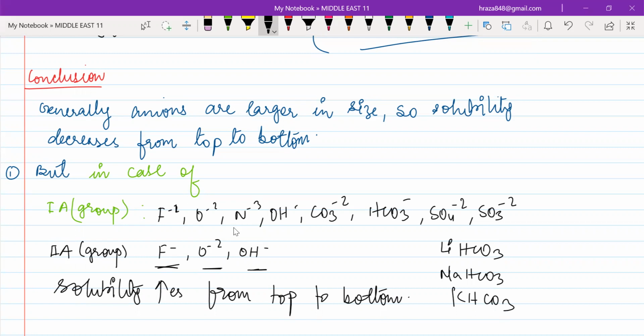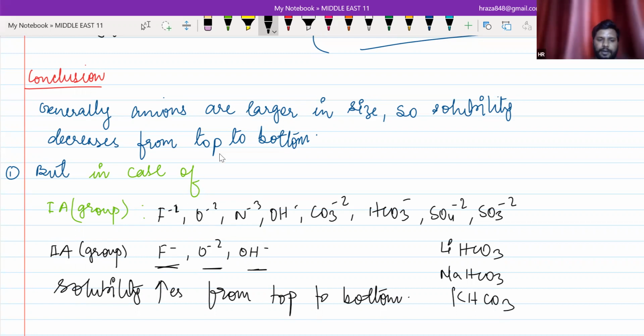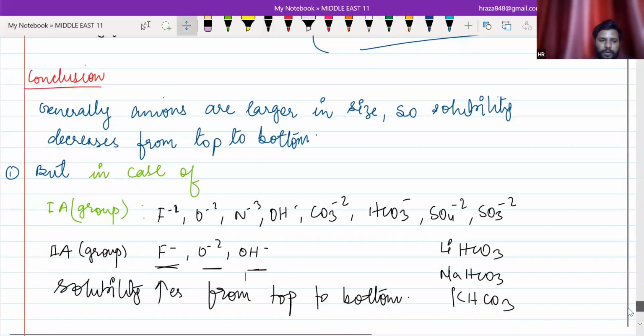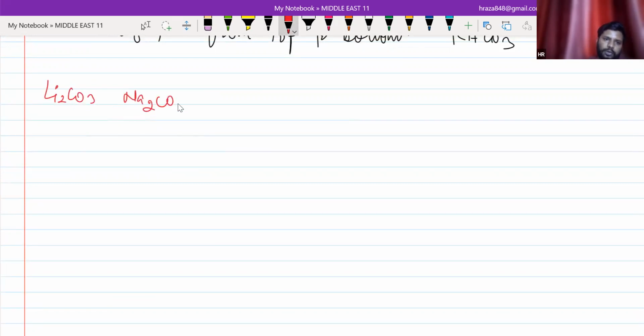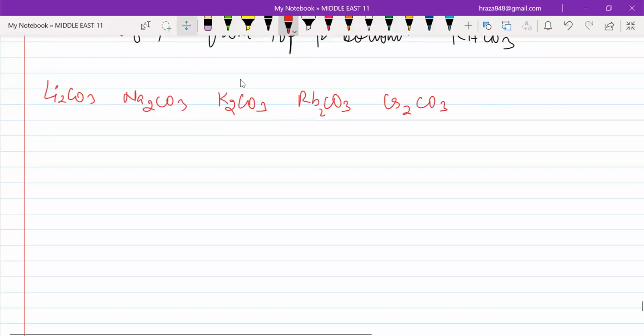Done, sir. Generally, anions are larger in size, so solubility decreases from top to bottom. But in case of these, solubility increases from top to bottom. If I take the example I already took, Li2CO3, Na2CO3, this is a larger anion, and in a larger anion, generally down the group it decreases, right? Yes, sir.